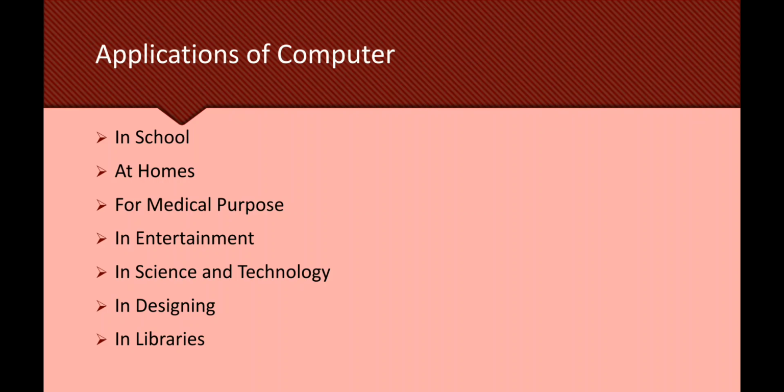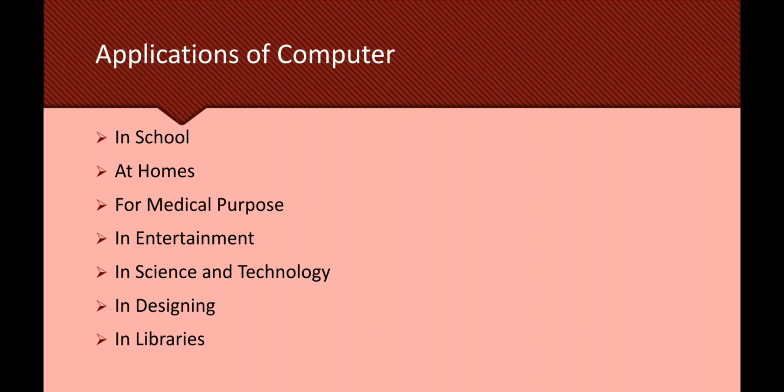And then in your libraries, how is it useful? Keeping records of new and stored books, like maintaining the records of journals and magazines for online research work. Then access to the library's book database, so that when a student comes to issue a book, we can check whether it is already issued to another student or not.